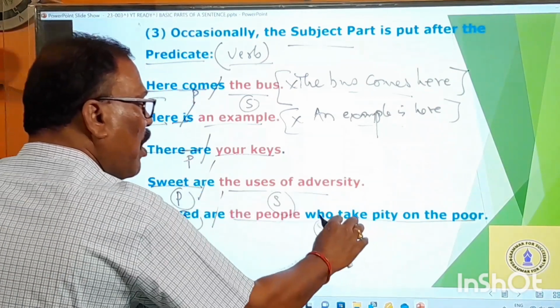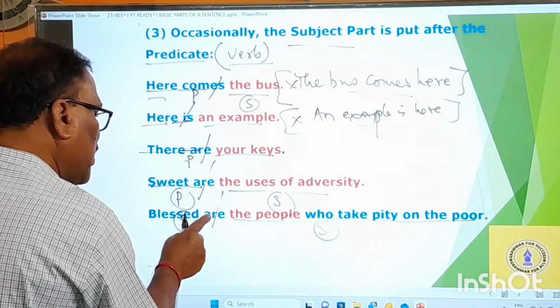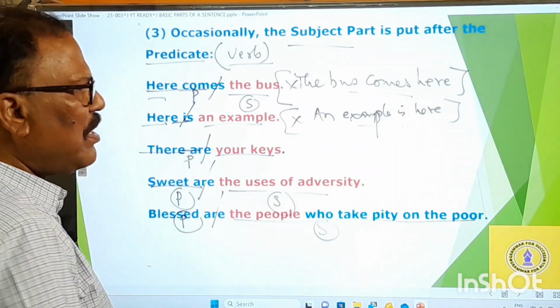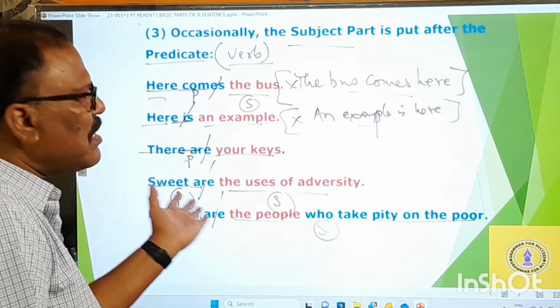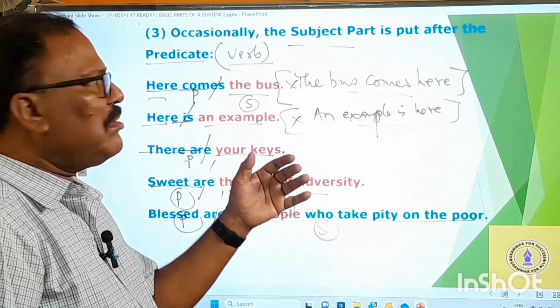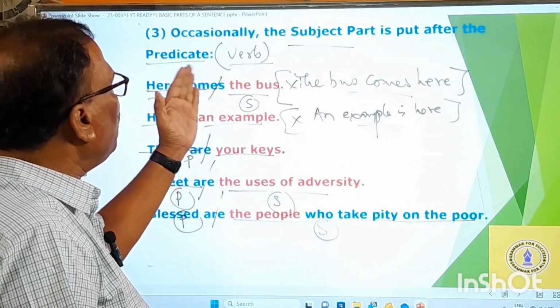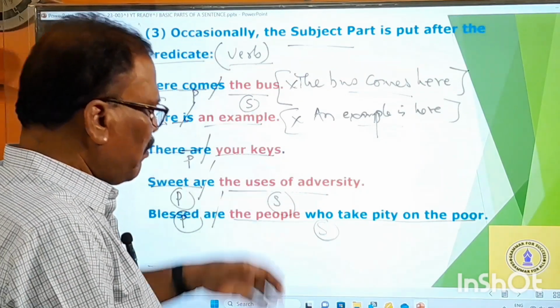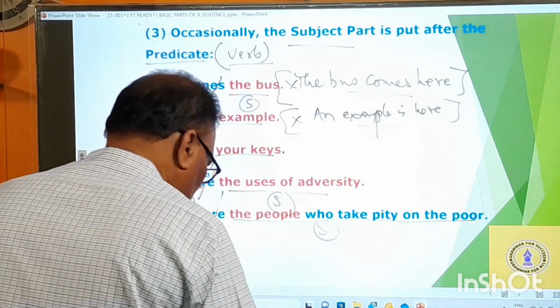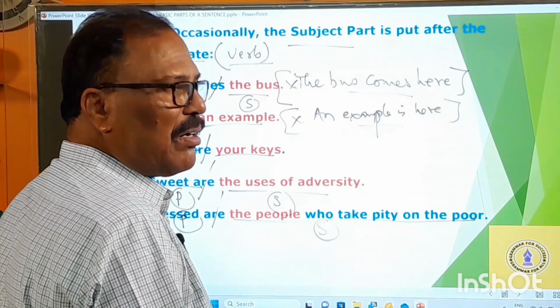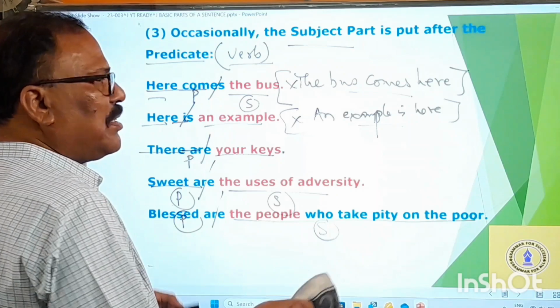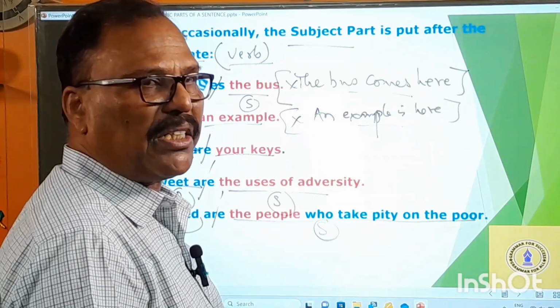So this entire part is the subject, and blessed are is the predicate part. So in certain sentences like these, the subject part is placed after the predicate part. This is one more important point you are learning about the position of the subject part and predicate part.